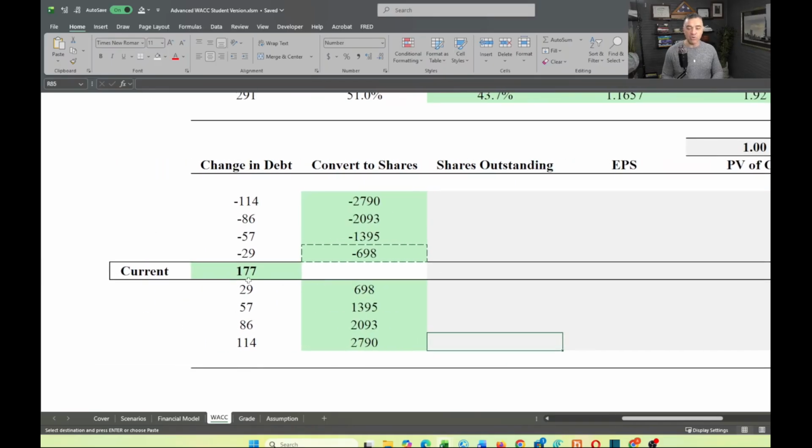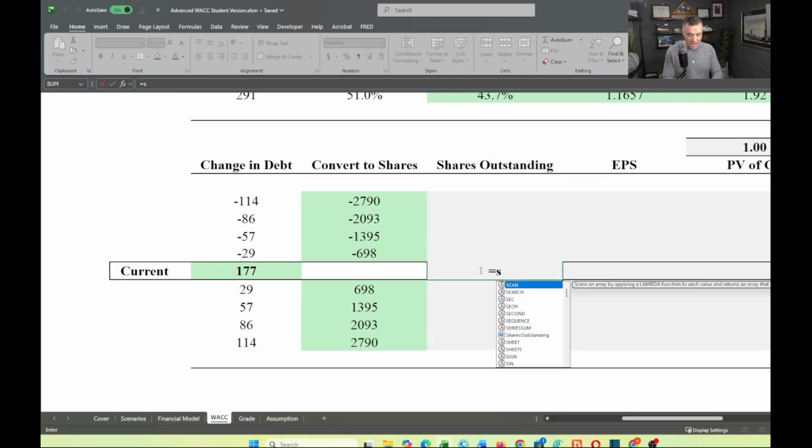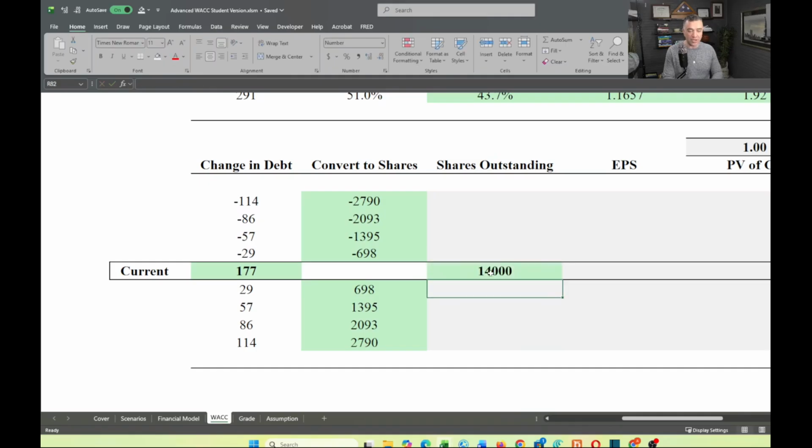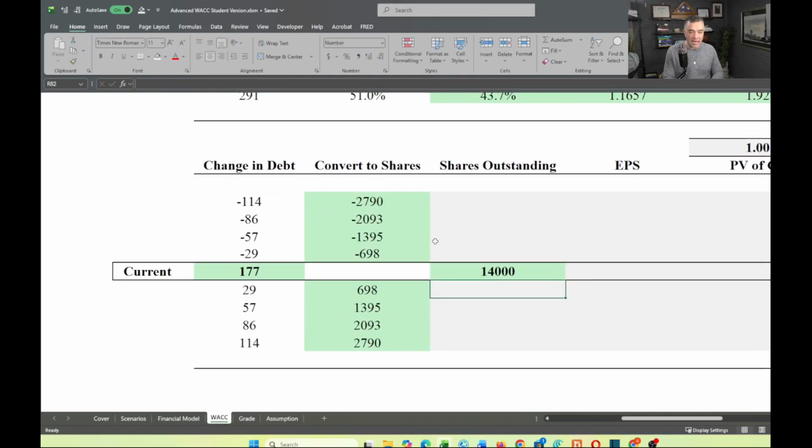Now, based on whether we want less debt or more debt, we want to find out what our shares outstanding are. So in this box, I'm just going to type in shares outstanding. We currently have 14 million. And what we're going to do, very simple, I'm going to take the current shares outstanding, hit Function F4, and subtract this number.